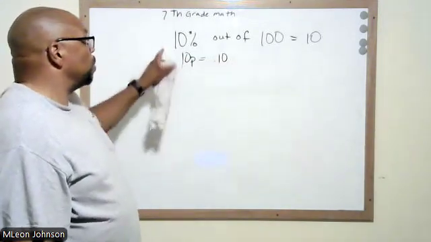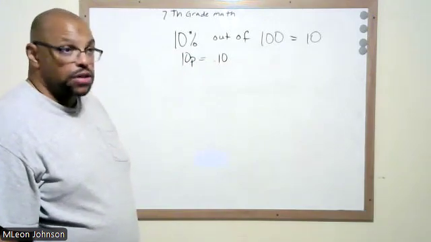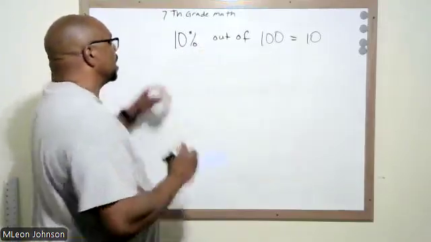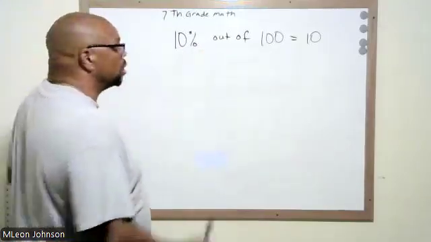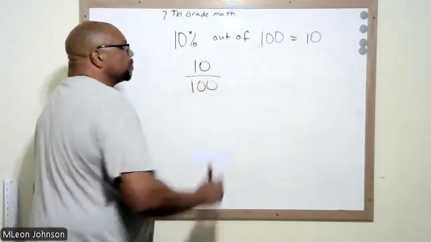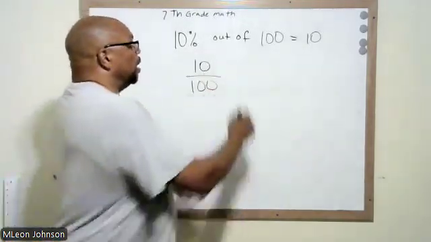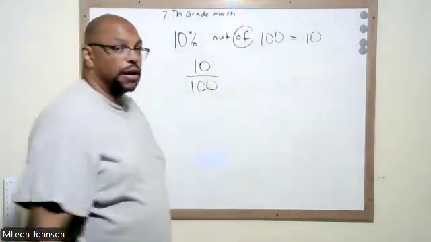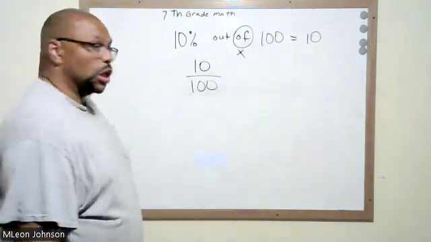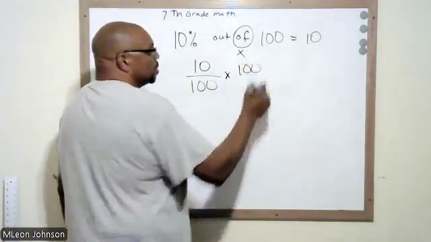Remember, I told you, when we do percent, we're taking it out of what? 100, exactly. So if I'm taking something out of 100, that means this is 10 out of 100. The other thing I want you to think about is the word "of," that nice little word there, means most times multiply. So I'm taking 10% multiplied by 100.